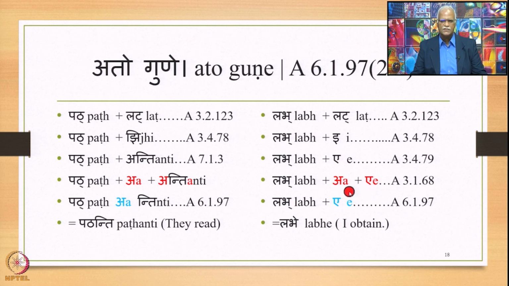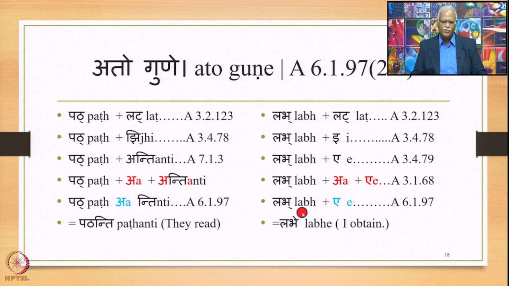Now in this case, a plus a, the default rules would apply and the vriddhi would be the substitute. But that does not happen over here because of this particular sutra, which says that when a occurs not at the end of a pada, and if a guna sound appears immediately after it, then in place of both of them place the latter, that is the pararupa, that is this a in this particular case.